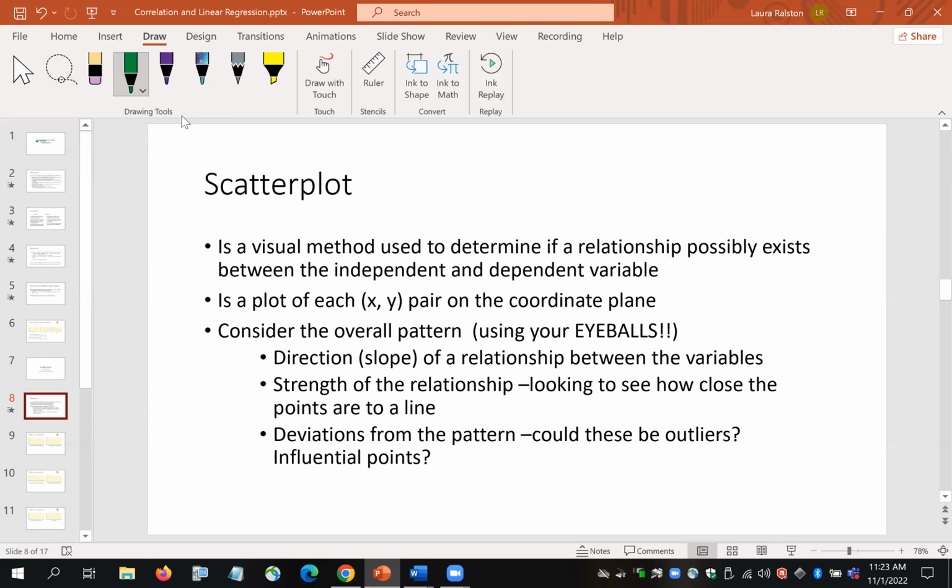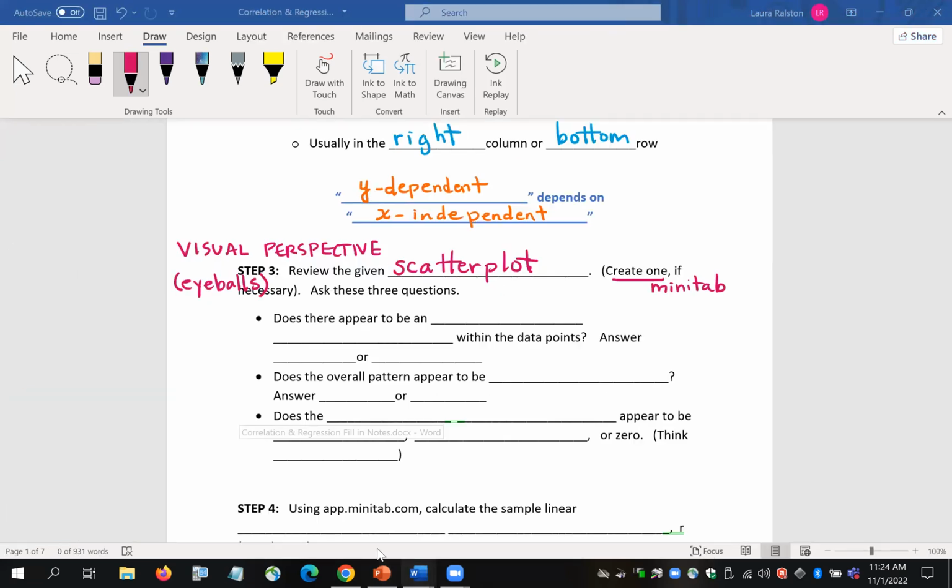So basically we're going to create a graph where you have your x-axis, which is the horizontal, and the y-axis, which is the vertical, and we would graph each of the ordered pairs, and then we begin to think about, does there appear to be a pattern within those dots? Okay, so it's a picture of the ordered pairs, and I have a couple of slides on how to do it in Minitab, and we'll talk about that in a minute.